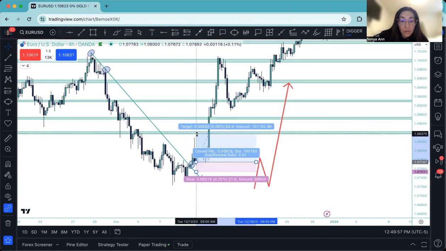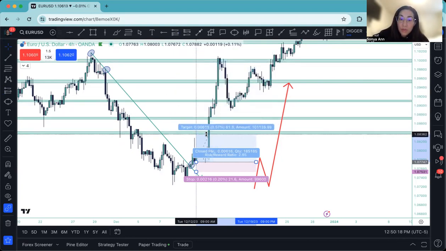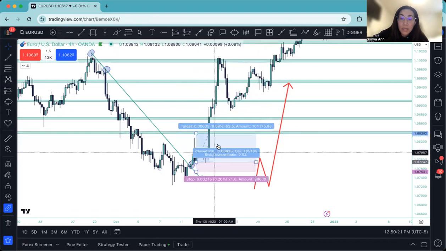And you could have taken it to the next 4-hour zone, which is right here. You could have gotten more if you held on to it. We'll go over that in another module specifically on how to take profit and also leave runners and risk management. But with being new, just take it to that next one.